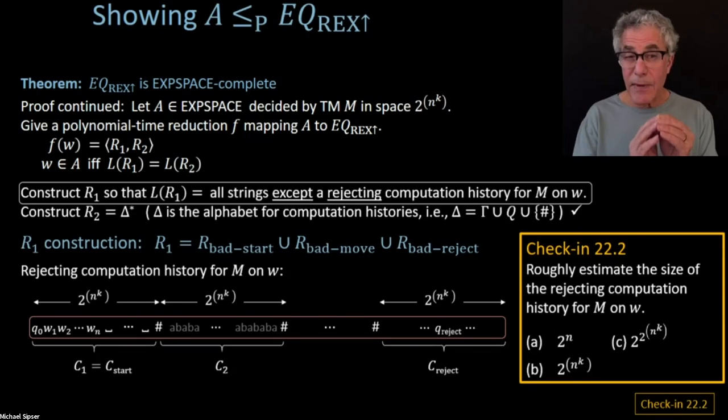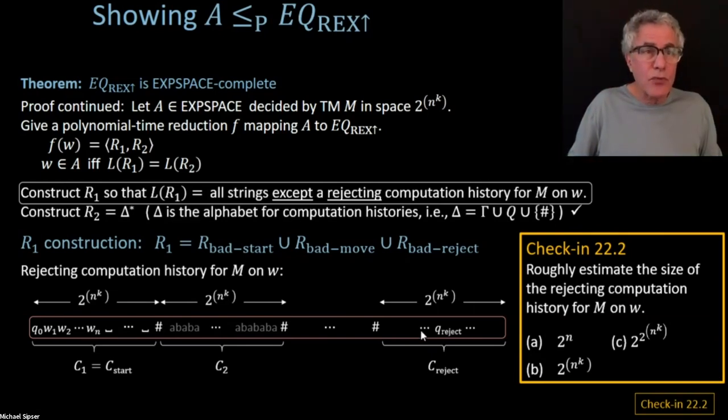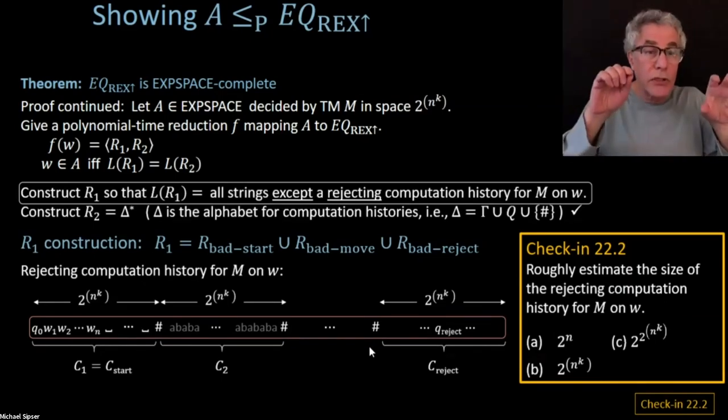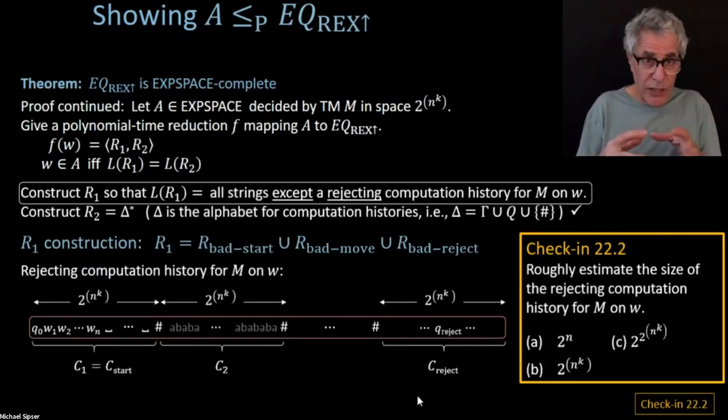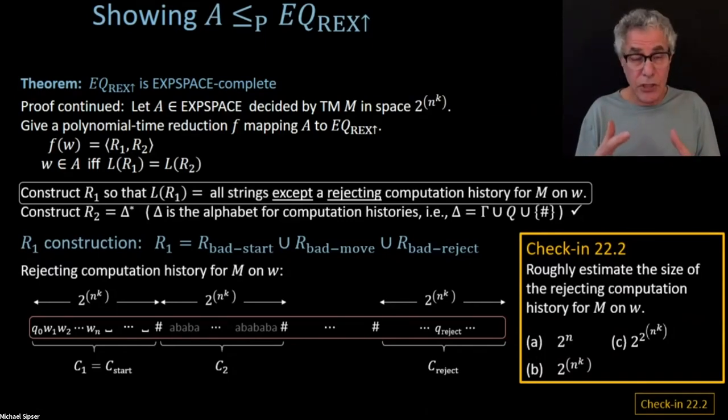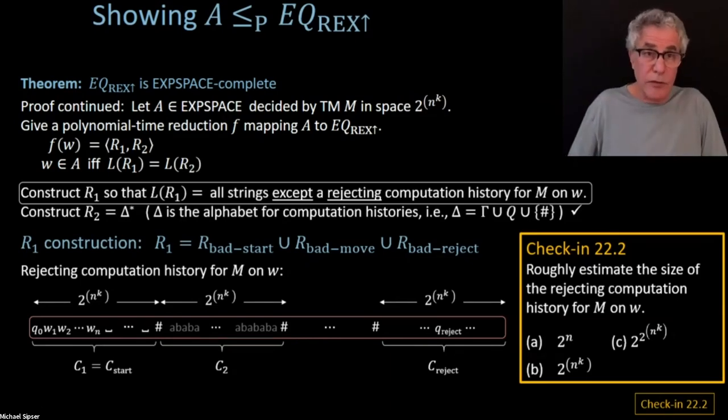Well, that has to be produced in polynomial time, so it's only polynomially big. So we have this little teensy weensy, relatively speaking, regular expression, which is only n to the k. It's having to describe all strings except for this particular string, which is 2 to the 2 to the n to the k. So in a sense, this string is doubly exponentially larger than that regular expression. And that presents some of the challenge in doing the reduction and constructing that regular expression.